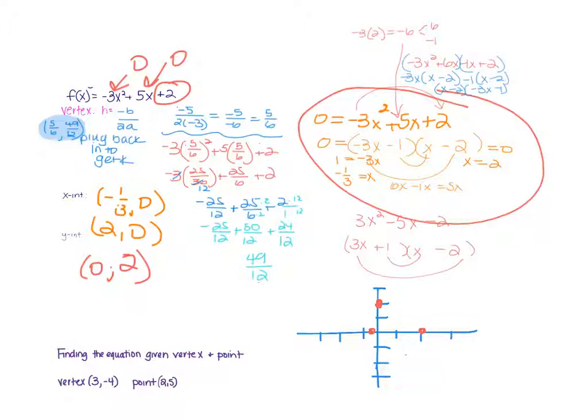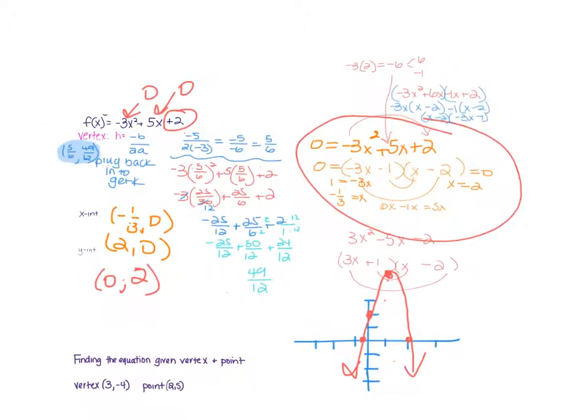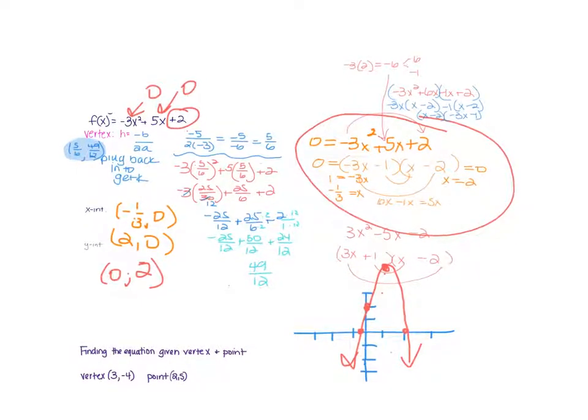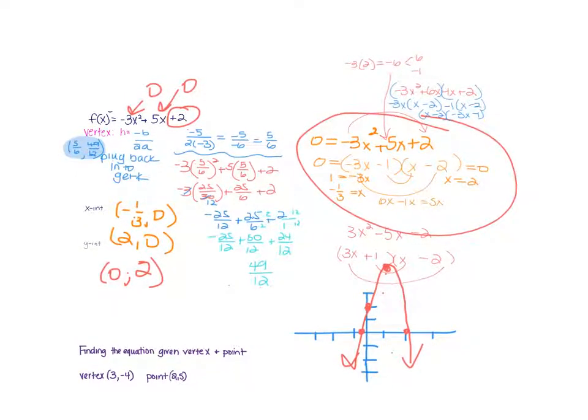And then my vertex, which was 5/6 and 49/12, which is 4 and 1/8. So 5/6, 4 and 1/8. And then again, you're going to be asked domain and range and max or min. You should be able to answer all those questions based on the graph.